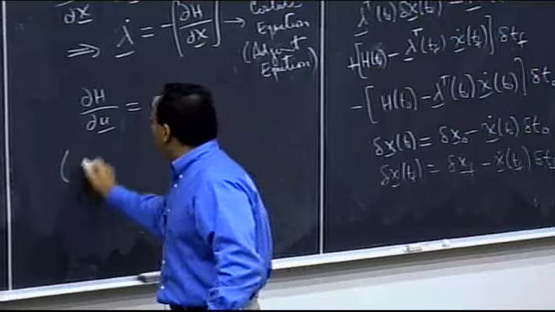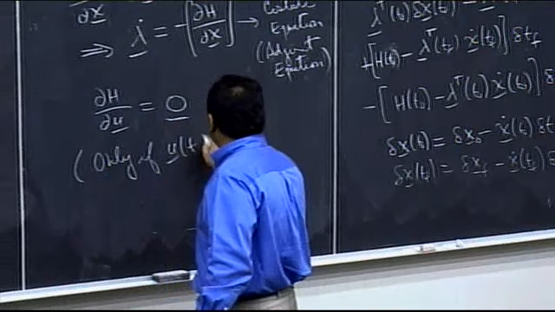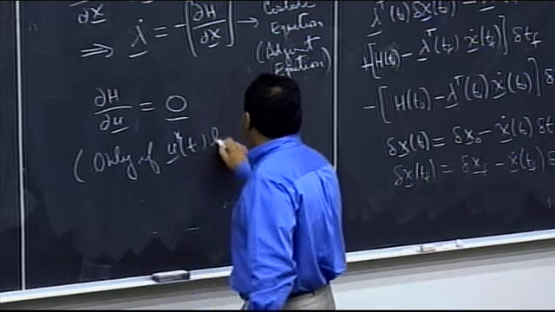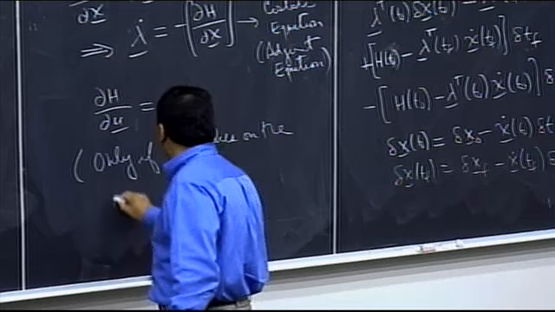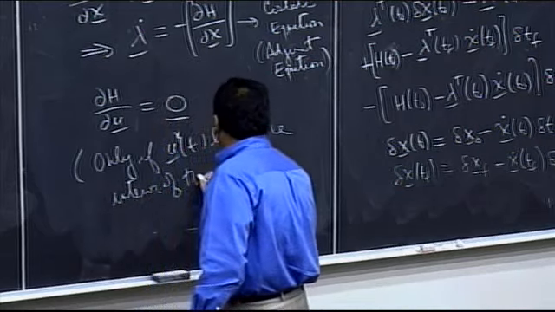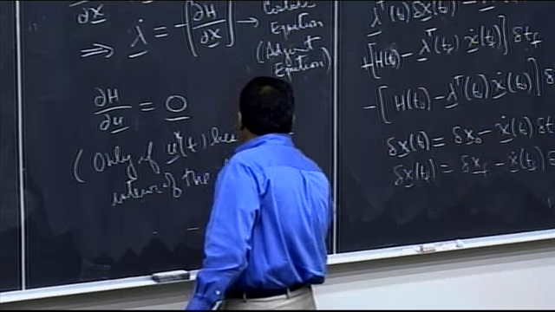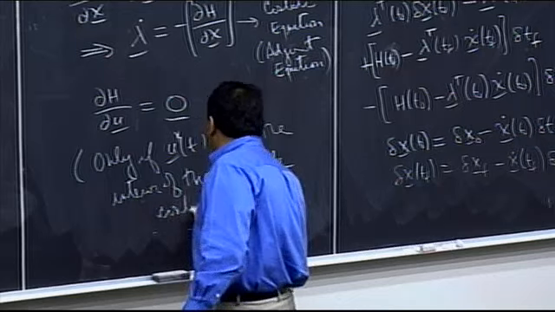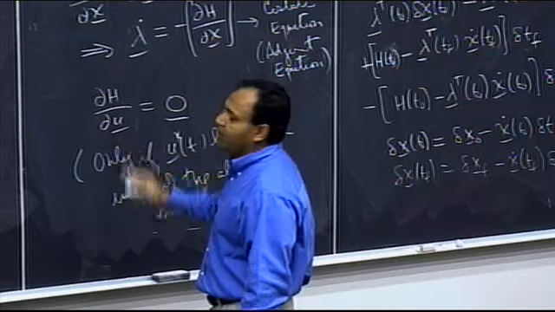So this is only if u of t, or u star of t, the optimal control, lies on the interior of the allowable control set. If that's not true, then you can't apply this condition.